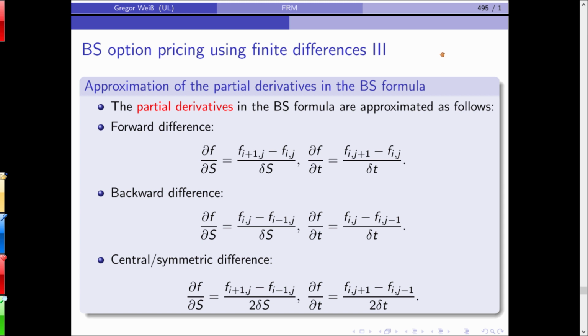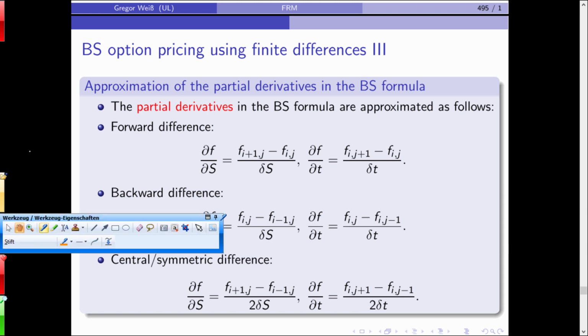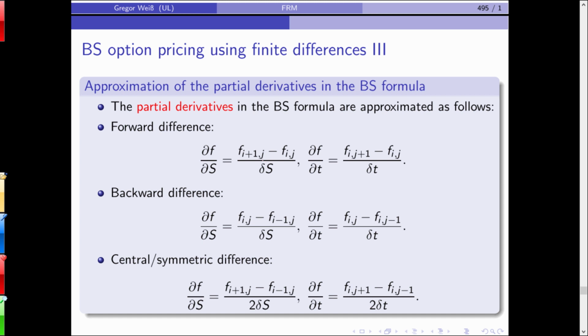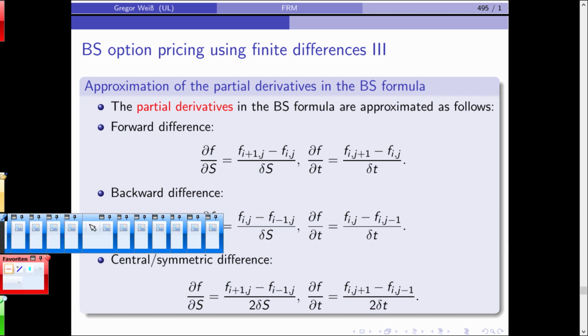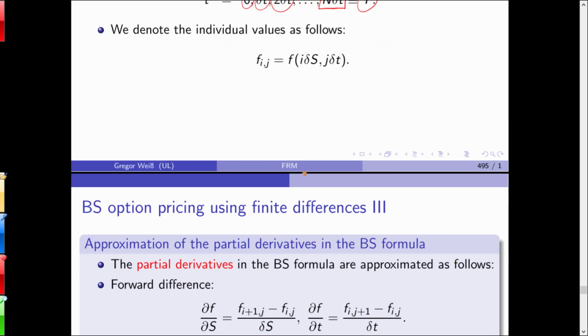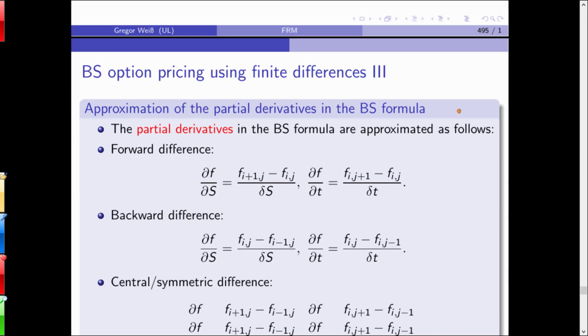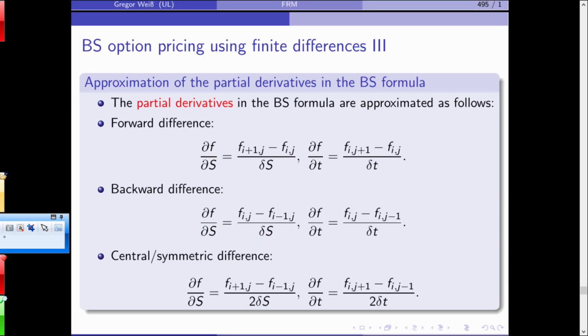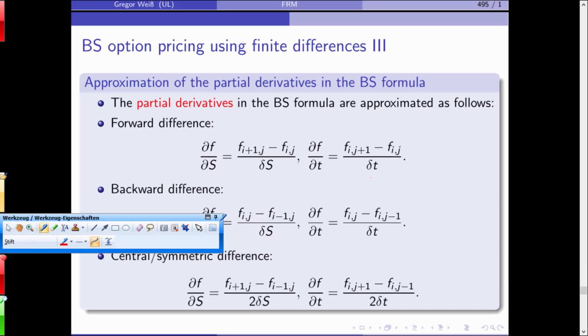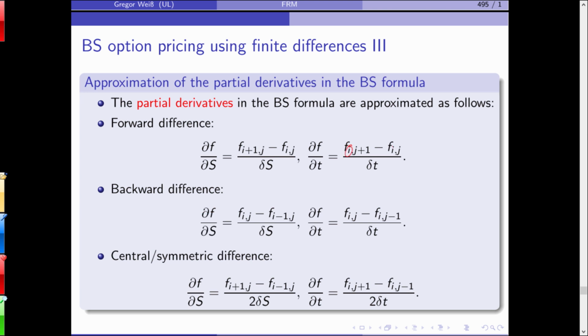Now, if you are here, if you're at a point T, I have to go back one step. I is the stock price and J is the time. Remember, it's always I.